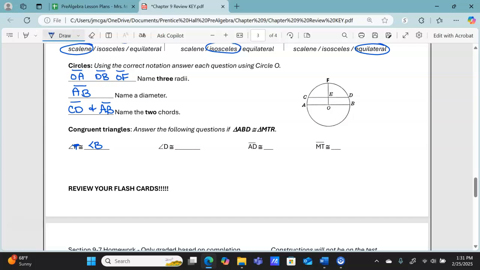Angle D, which is the last letter, is going to be congruent to angle R. Don't forget your angle symbol in front. Side AB, that's the first and last letter, so I'm going to pick the first and last letter in the other triangle, MR. And then finally, MT is the first and second letter, so it's going to be the first and second letter in that.